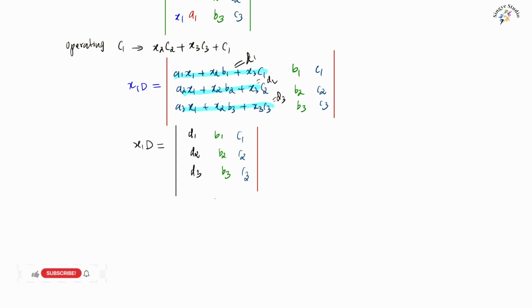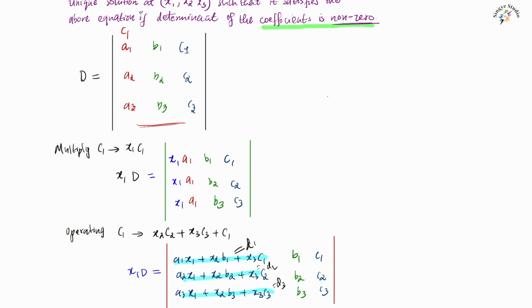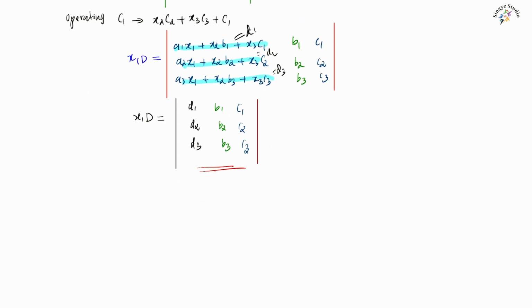Therefore, if you observe very carefully, this determinant is similar to our original determinant, but for the coefficient of x1, we are replacing it with the sum of the equation, right, which are d1, d2 and d3.